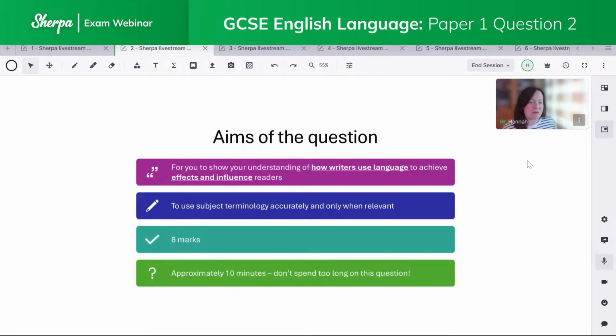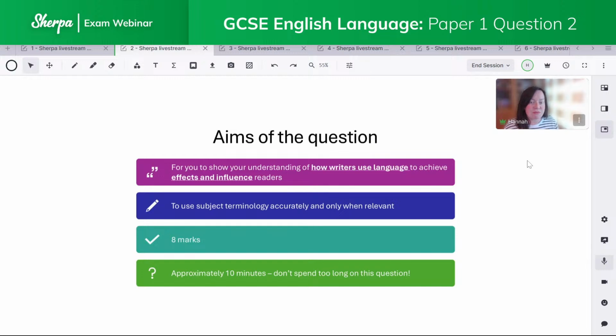So just a reminder, first of all, of the aims of the question. So as you can see in that top box, it's all about you showing your understanding of how writers use language to achieve effects and influence readers. So the word how, whenever you see how in an English exam question, it means you have to look at methods.